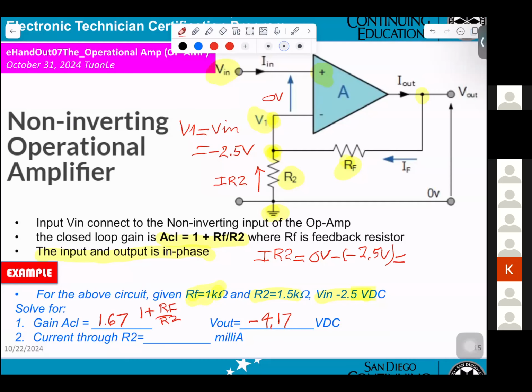Minus 2.5 divided by R2, where R2 is 1.5K. 2.5 divided by 1.5 gives you 1.67 milliamps.